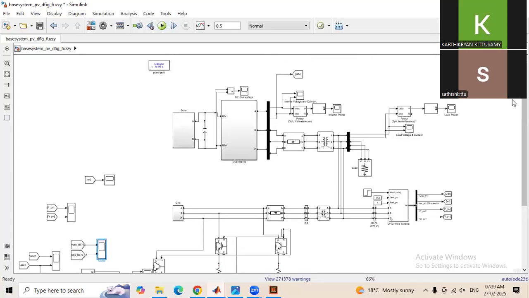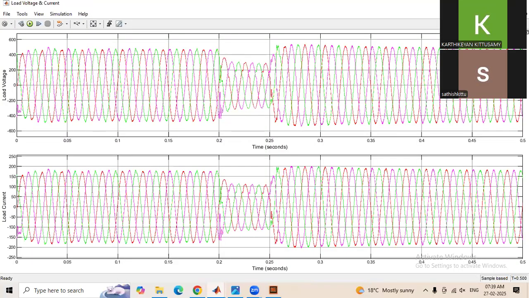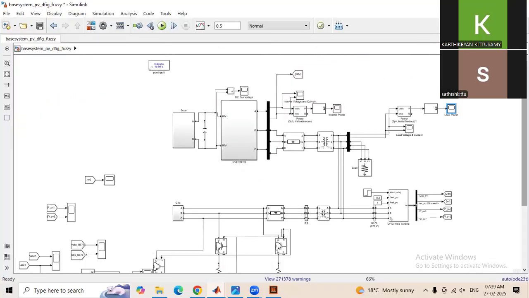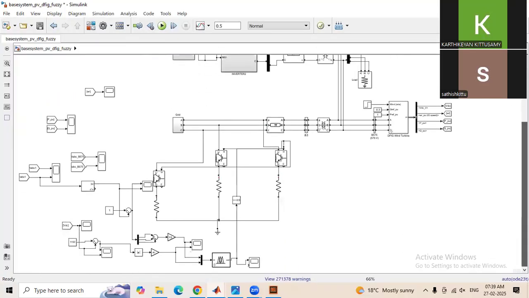And here, these are the load voltage and current and load power. It is simple in operation.